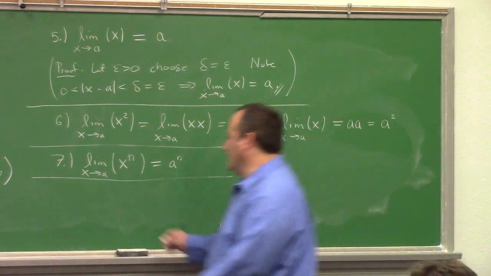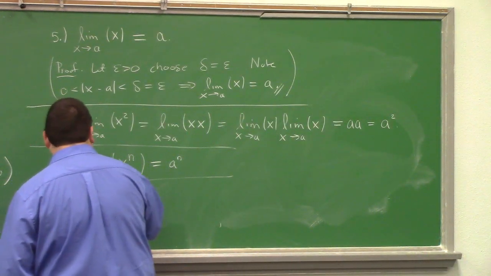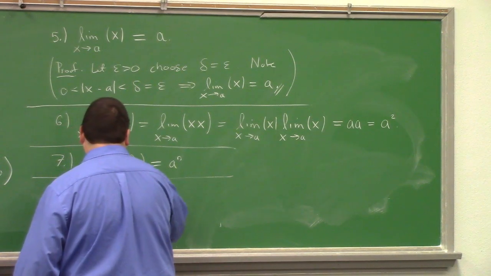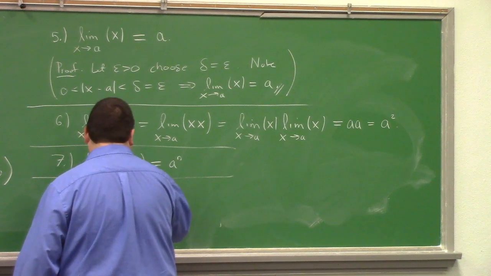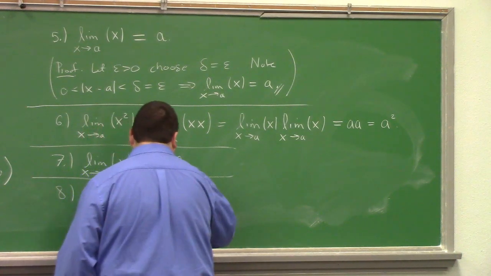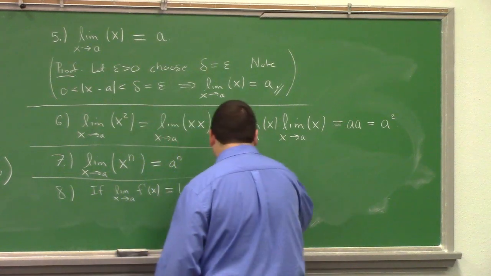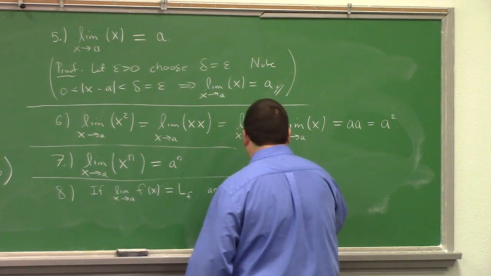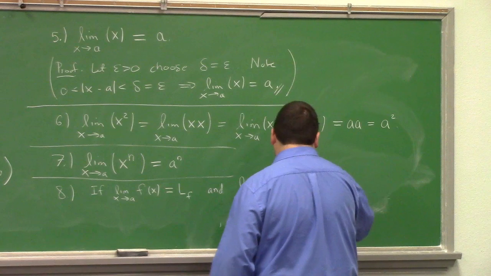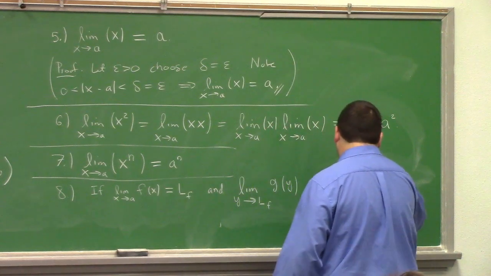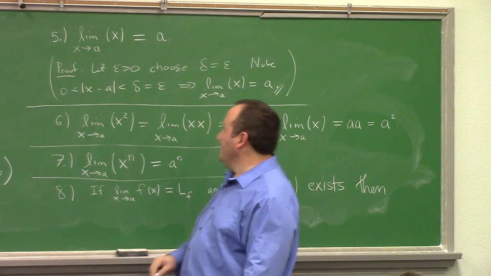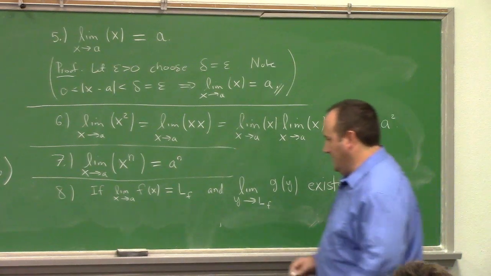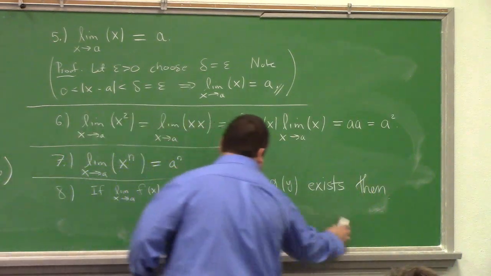This one, if there's fine print here: if the limit as x goes to a of f of x is equal to, let's say, L sub f, and the limit as y goes to L sub f of g of y exists, then, I regret I've worked myself into a corner, but I think I can write it.